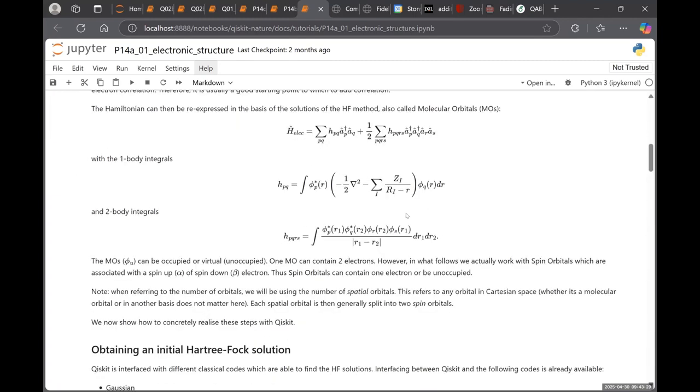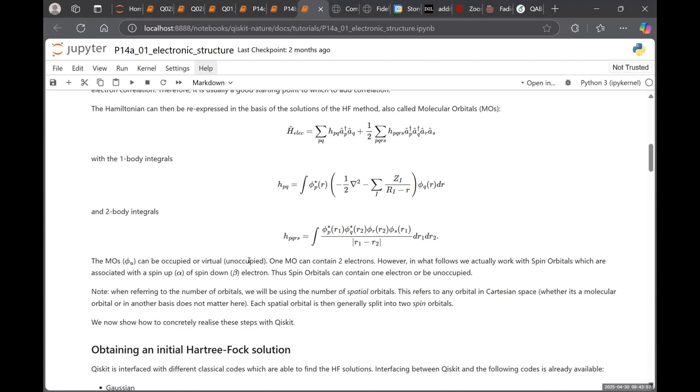So then, in principle, you diagonalize this, and you want to find the ground state wave functions. Here phi is some kind of basis, some orbital. So this just uses some particular basis.